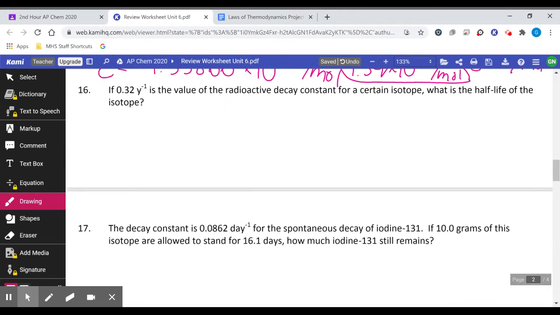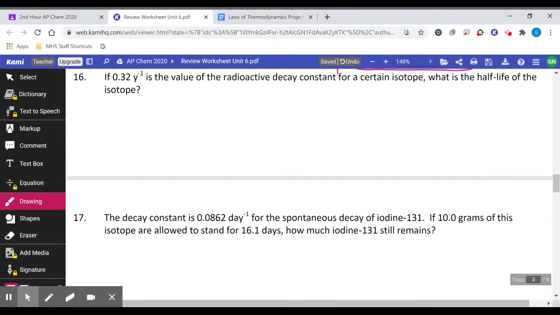Okay, let's look at 16. If 0.32 inverse years is the value of the radioactive decay constant for a certain isotope, what is the half-life of the isotope? What they're giving us here is k, our decay constant, which is unique to every isotope, equal to 0.32 years to the minus 1.